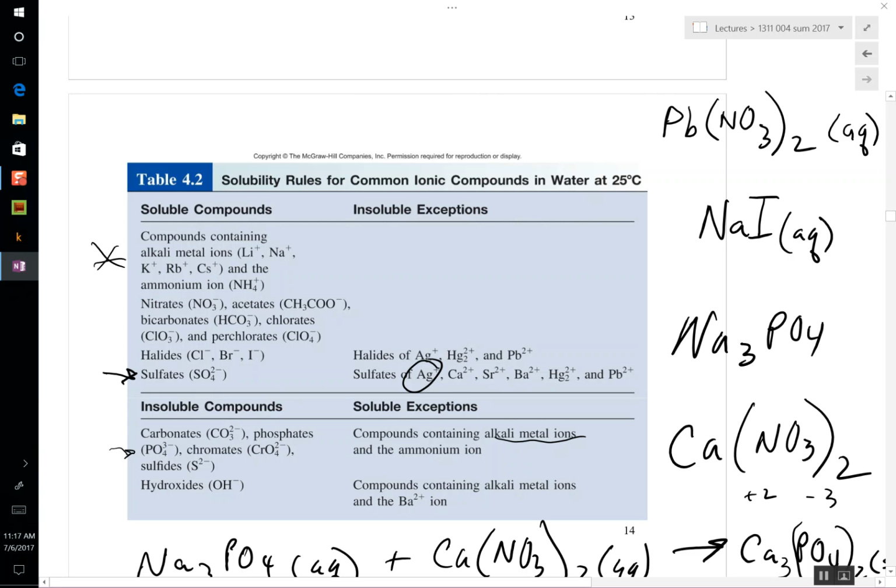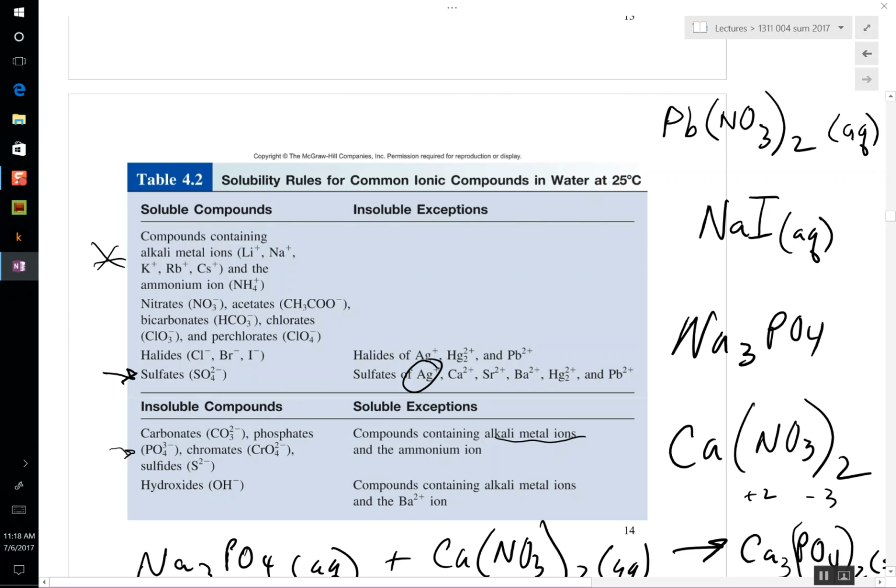Now I'm going to write an ionic equation. But before I do this, I'm going to balance this equation. Let's balance this equation. Getting ahead of myself. Sorry about that. All right, let's go ahead and balance this.